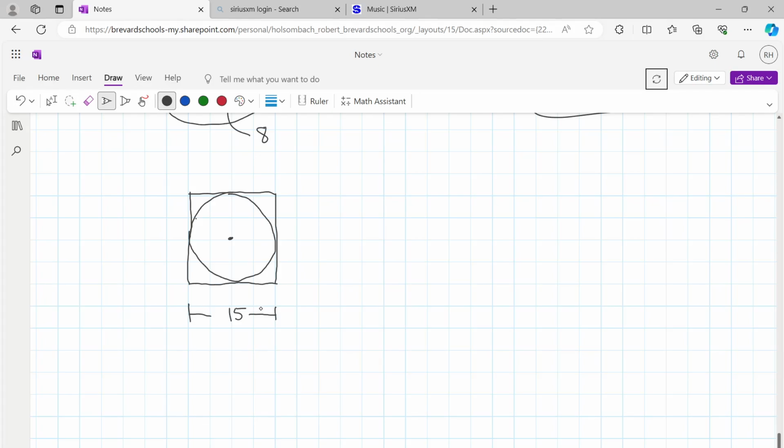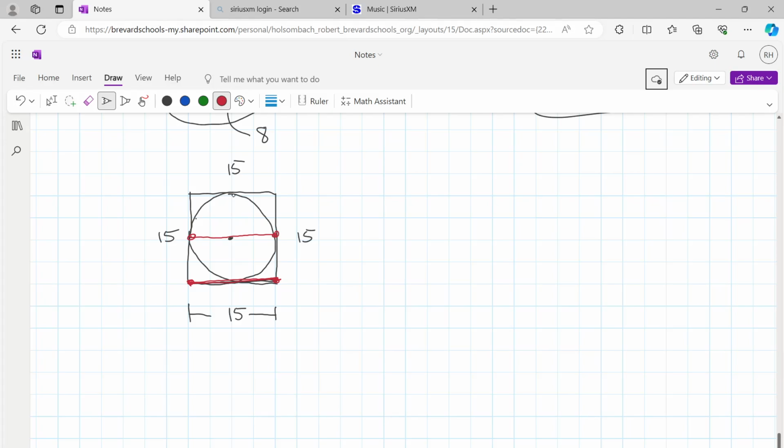Now, if this bottom leg of the square is 15, then the top's also 15, and the left-hand side's 15, and the right-hand side's 15. But if you can imagine this piece right here, the bottom of this square, this red piece, and we just slide it up, doesn't it just represent the diameter?